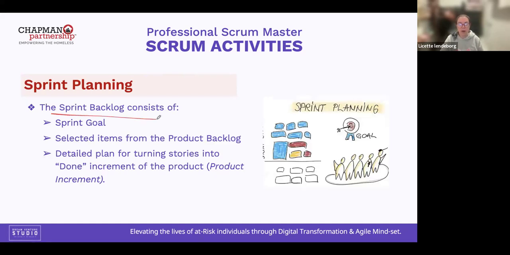So the sprint backlog consists of the sprint goal, selected items from the product backlog, and the detailed plan for turning stories into a done increment of the product. This is the definition.